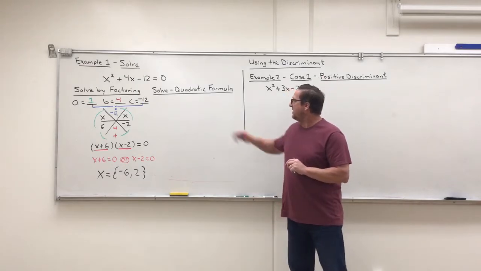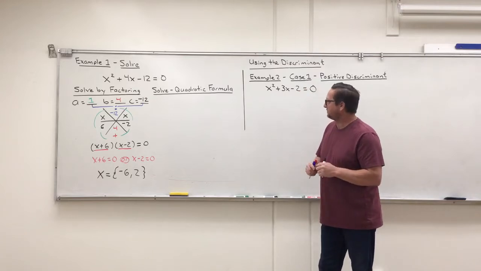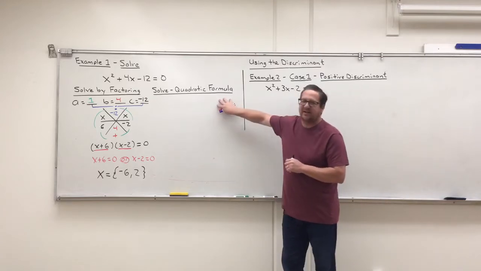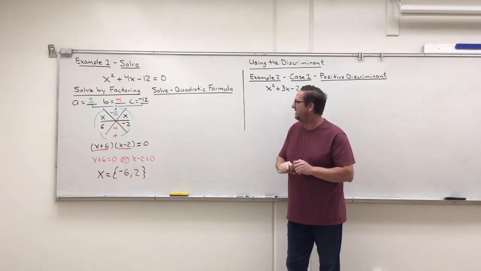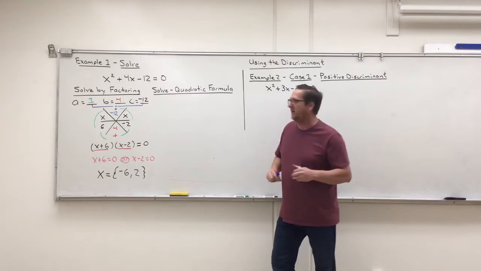Now let's look at the quadratic formula. Here's our second way of solving. We've learned solving by factoring, so here's solving using the quadratic formula. Once again, we're going to start out with a, b, and c.